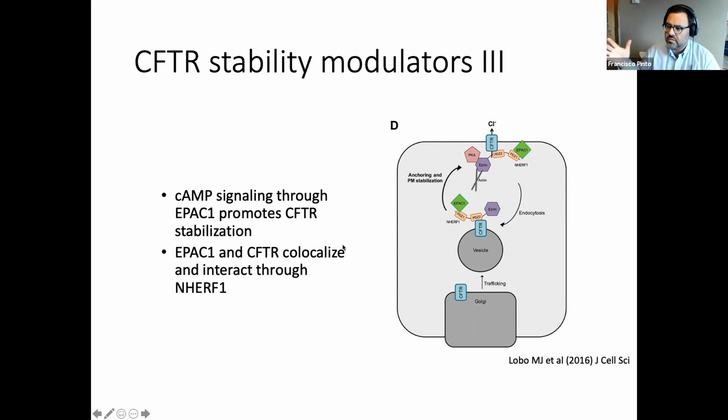So they have these three mechanisms that could improve the stability of CFTR at the plasma membrane, and they wanted to ask the question: can we find other proteins that could simultaneously stabilize CFTR at the plasma membrane through multiple of these three different mechanisms?